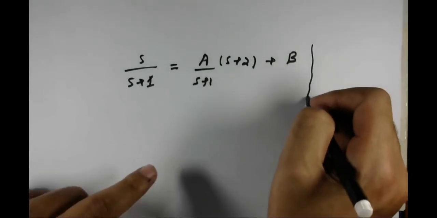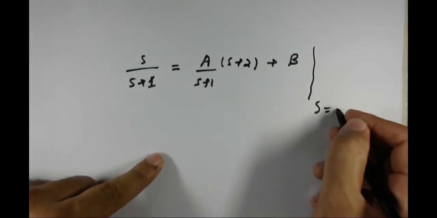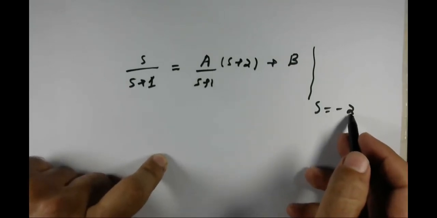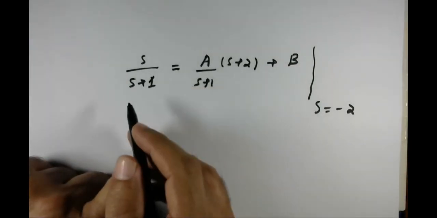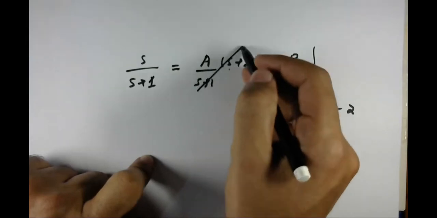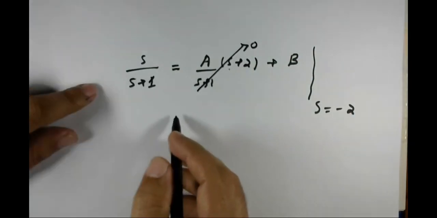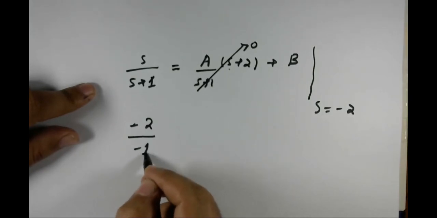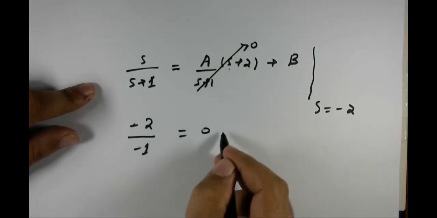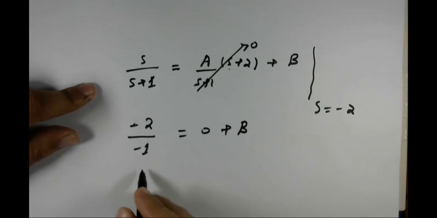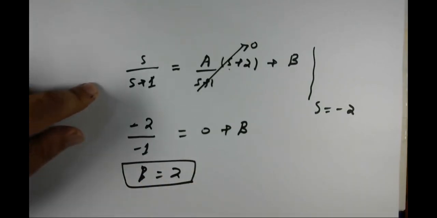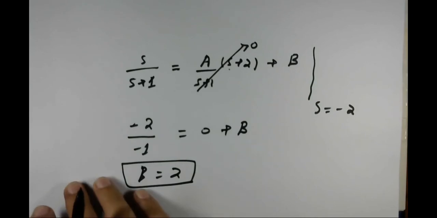Now evaluate this at s equal to minus 2. When you put minus 2 over here, this term will straight away go to 0, and here this will be minus 2 divided by minus 1, equal to 0 plus b, right? So b is equal to 2. These are the values of our constants a and b.